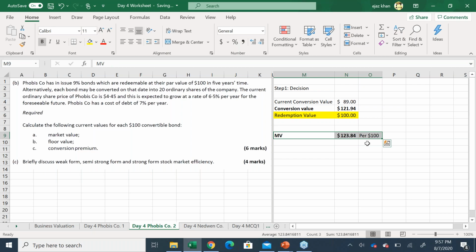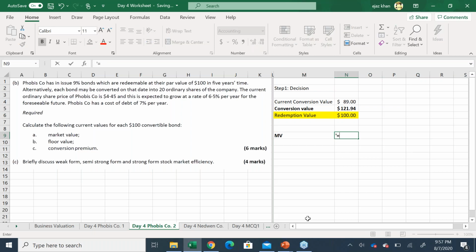Walid says it's confusing. Okay, let me repeat it again, right? First of all, what is market value? Market value is equal to present value of interest payments plus present value of conversion value or redemption value, whichever is higher.